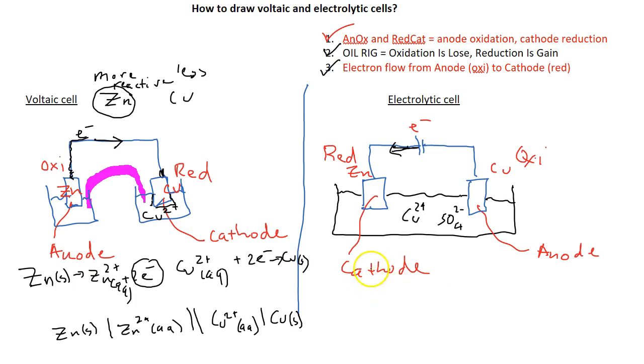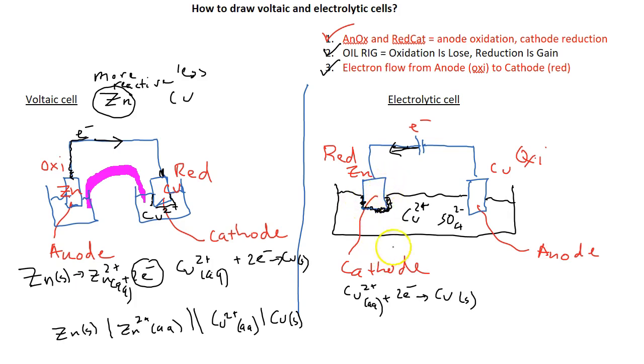Now the cathode, even though you're having zinc here, it really doesn't matter what you have here. Because you're forcing the electrons to go over here, what's in the solution is going to react. So your cathode is going to have copper aqueous, the ion of copper, adding 2 electrons to form copper solid. So really what you're seeing is a layer of solid copper covering this piece of zinc.